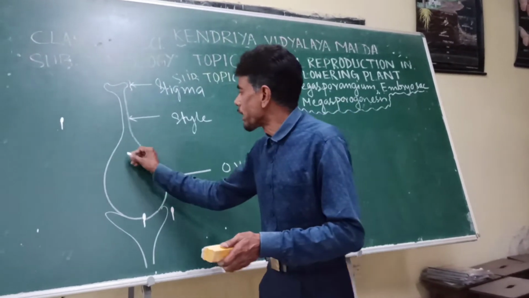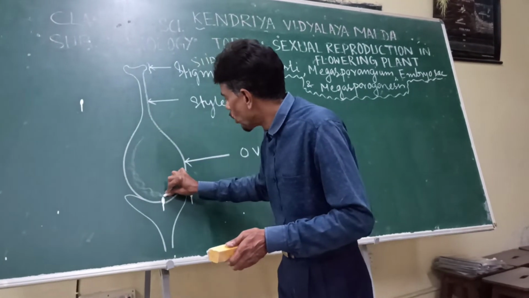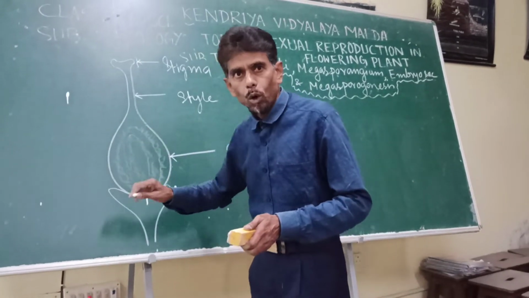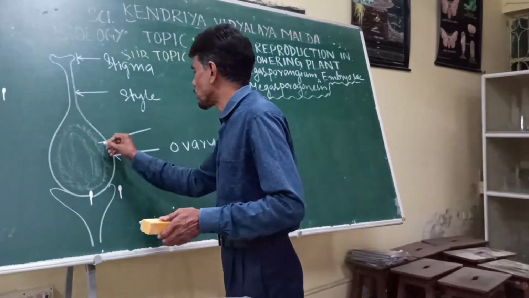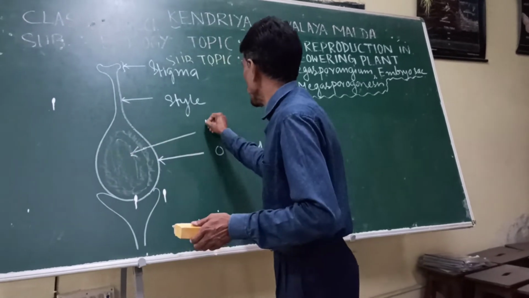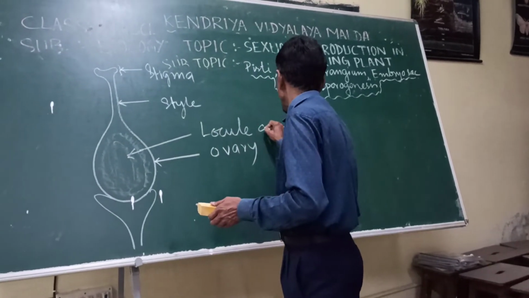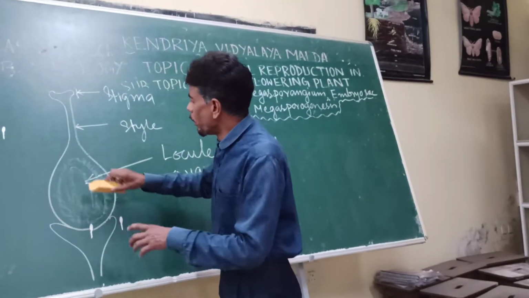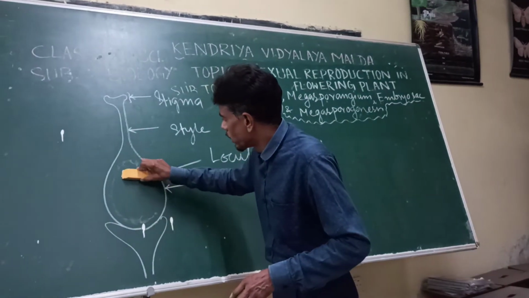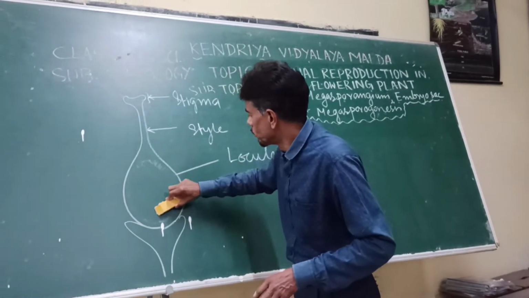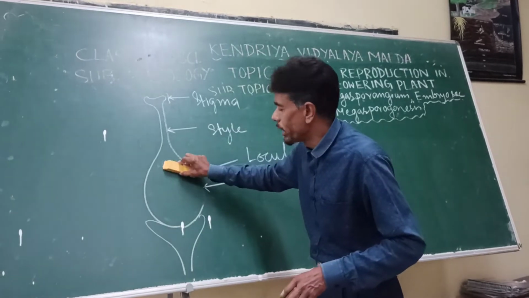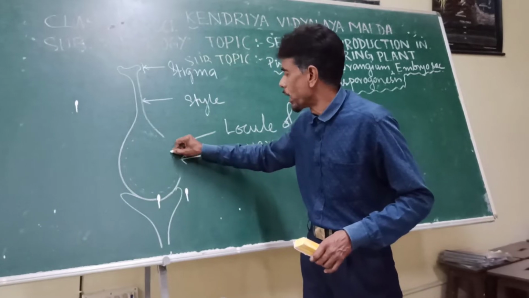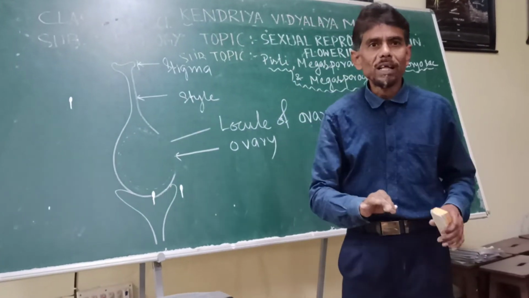Now within the ovary, the cavity, this area we call the ovarian locule or locule of the ovary. Be very specific: the area inside the ovary is what we call the ovarian locule.